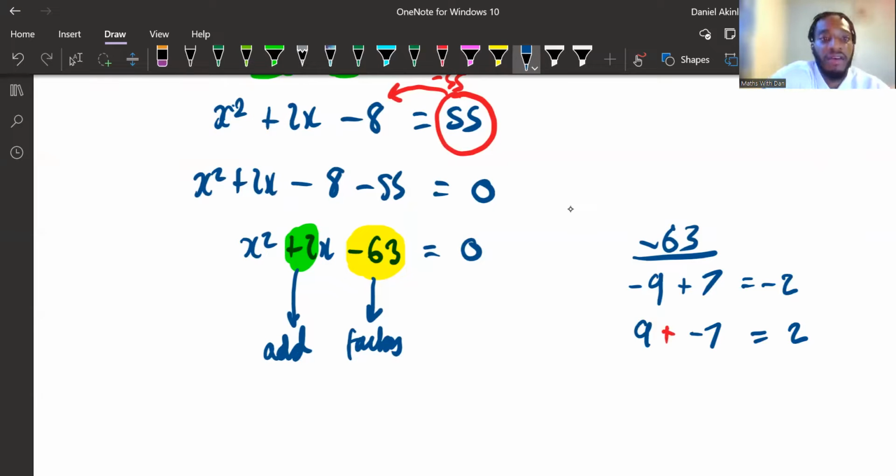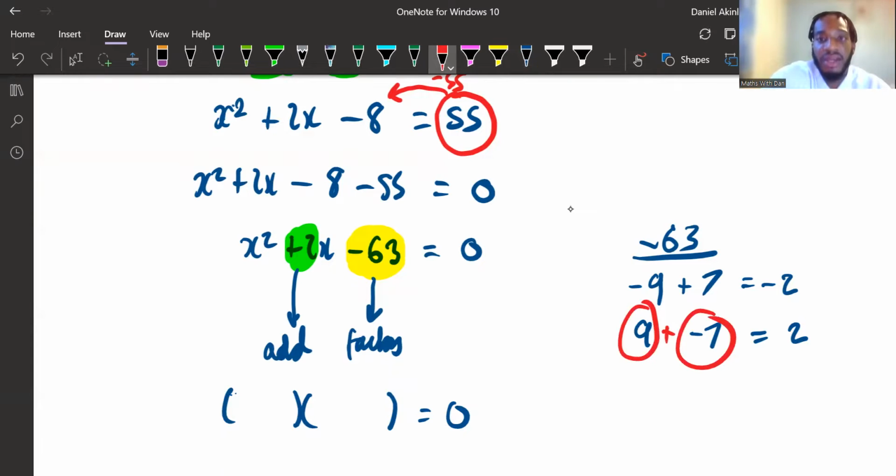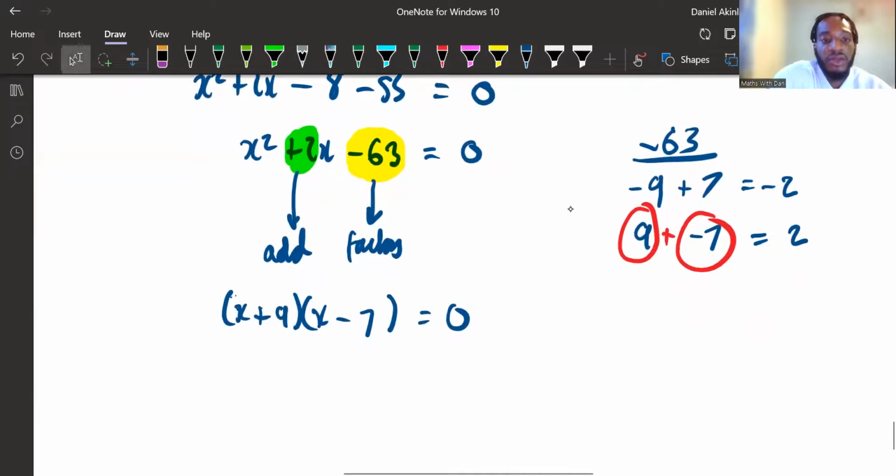So therefore, I can factorize this out like this, equal to 0. And then I can say that the two factors are going to be a 9 here and a -7. So this is an x here, remember? X always goes there, and we just put those numbers in. So this will be a +9, and this will be a -7. So this tells me that x will equal, remember we make the bracket equal to 0 once we get here.